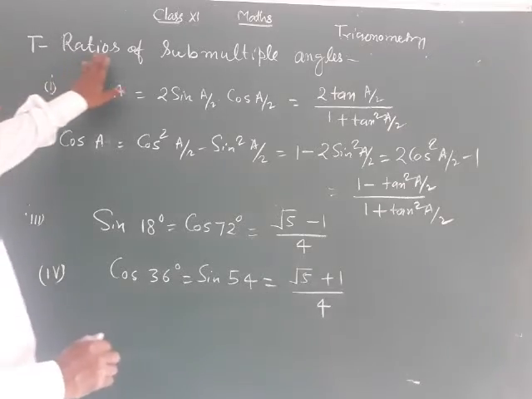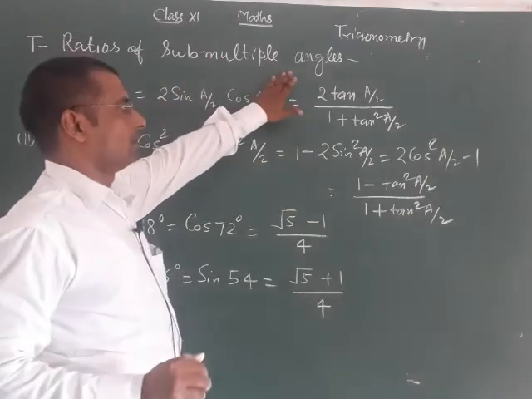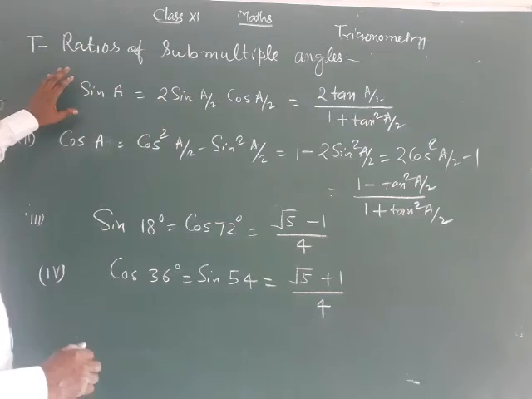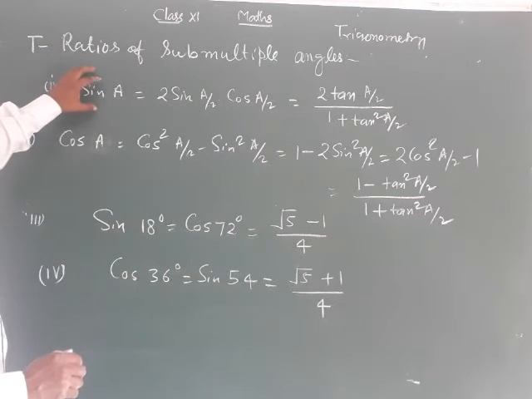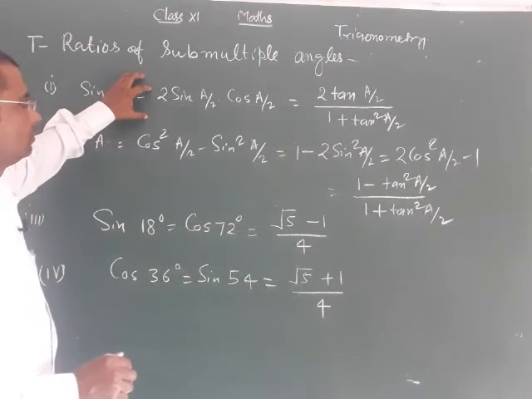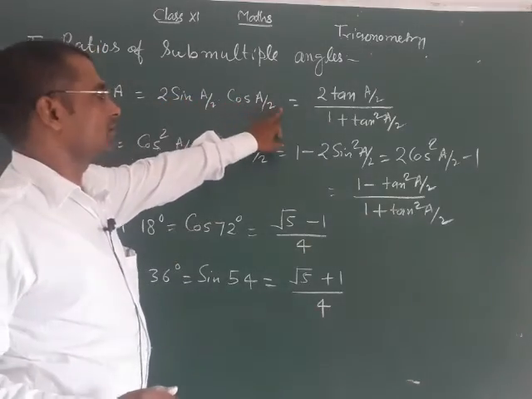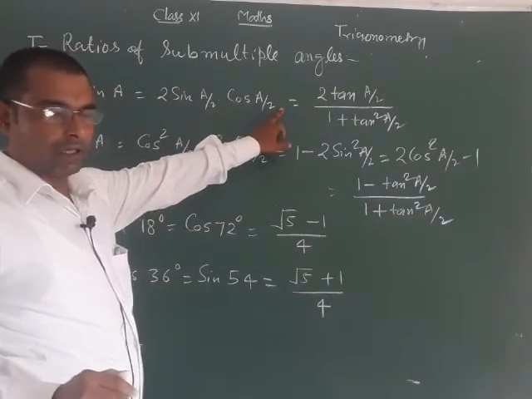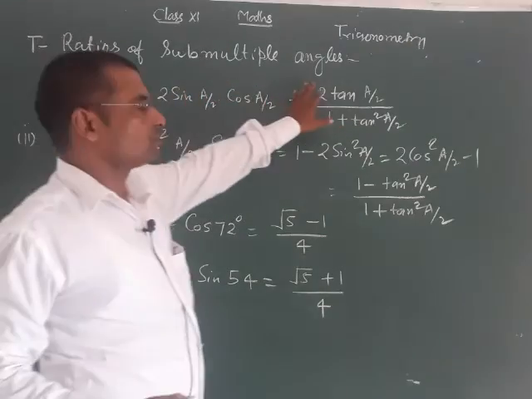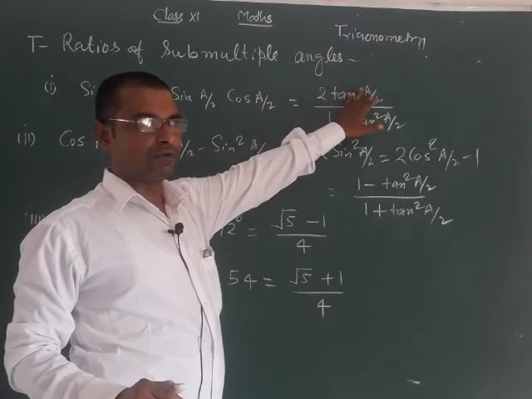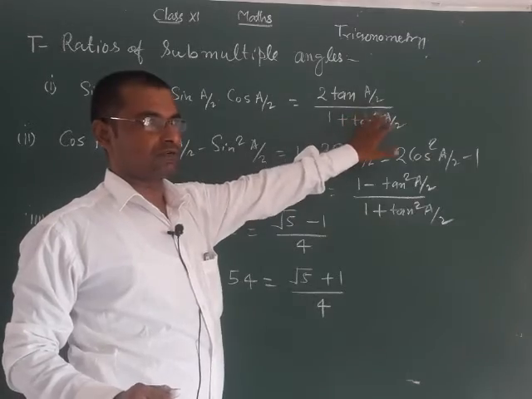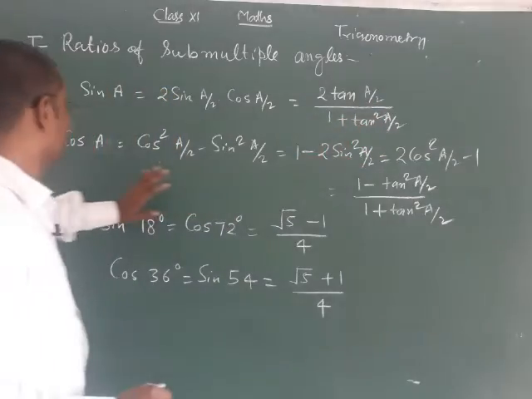And trigonometric ratios of submultiple angles. So half angle formula: sin A is equal to 2 sin(A by 2) into cos(A by 2). And also sin A is equal to 2 tan(A by 2) upon 1 plus tan square(A by 2).